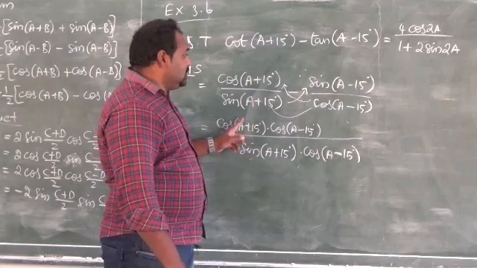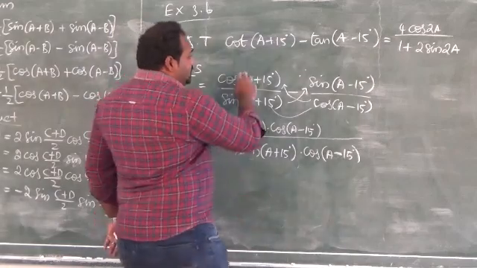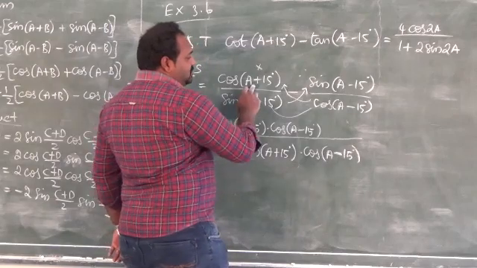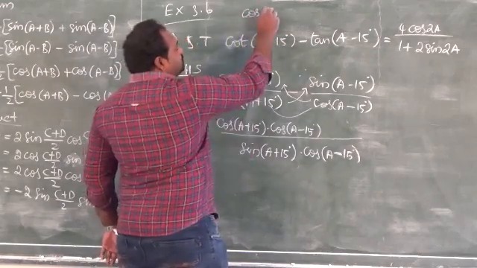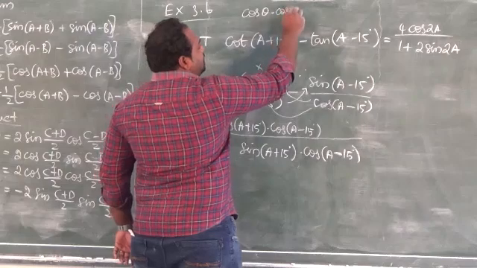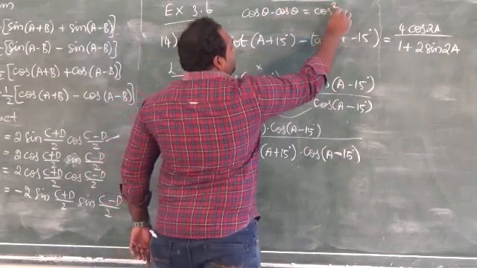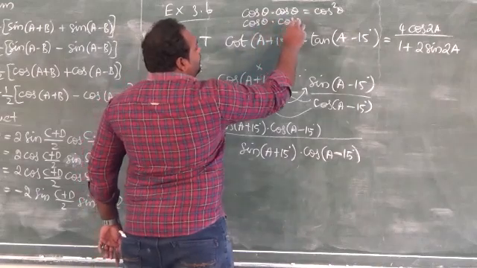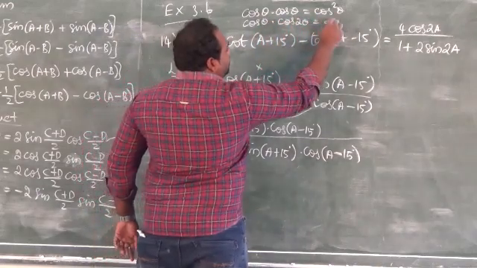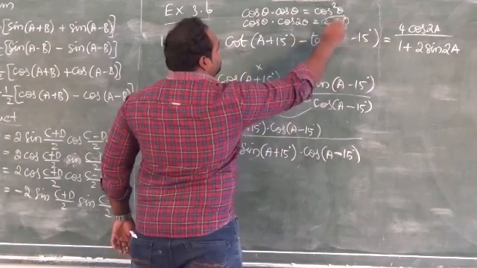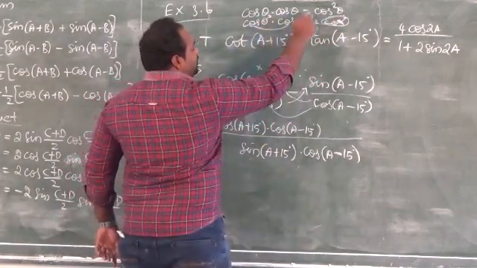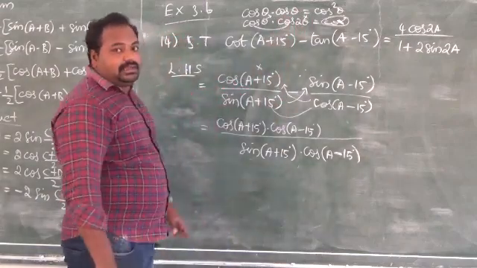That is wrong, because look at the brackets, the theta value is different. Cos theta into cos theta is only cos square theta. Cos theta into cos 2 theta is not cos square. We cannot multiply these two because the arguments are different, they are not the same angle.